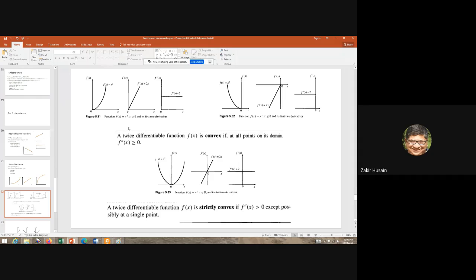So the first derivative gives the slope, the second derivative gives the curvature. Now over here you can see that f(x) equals x squared. This is the function. Is it convex or concave?